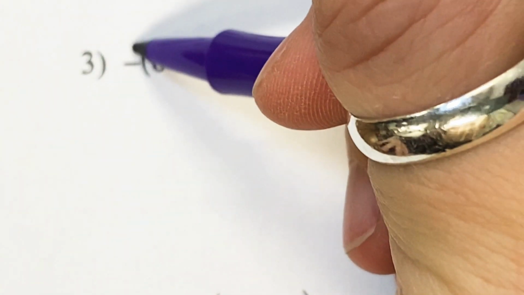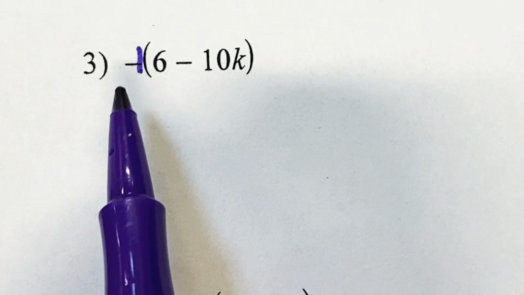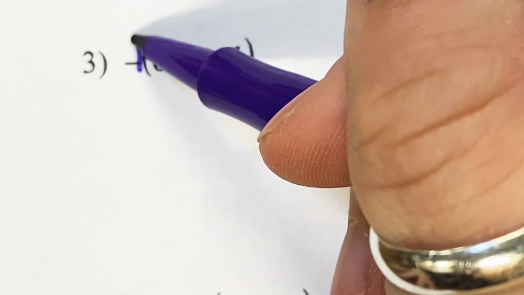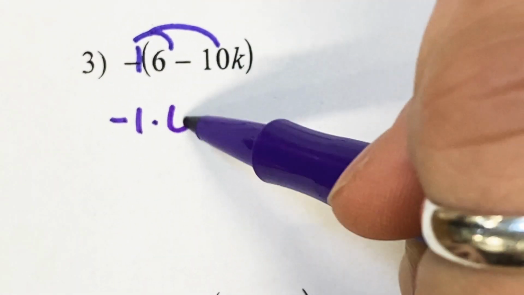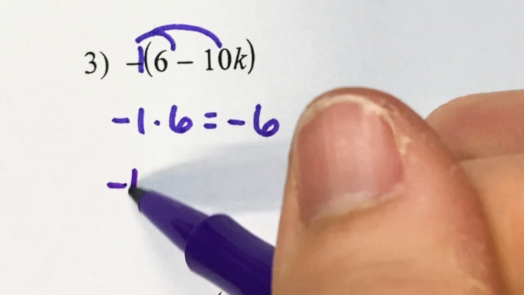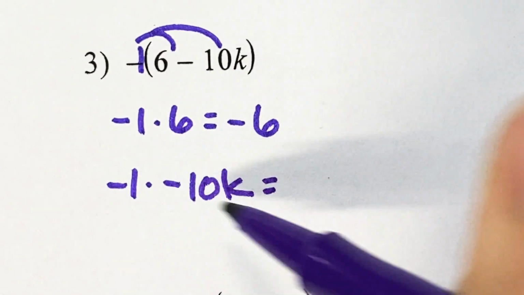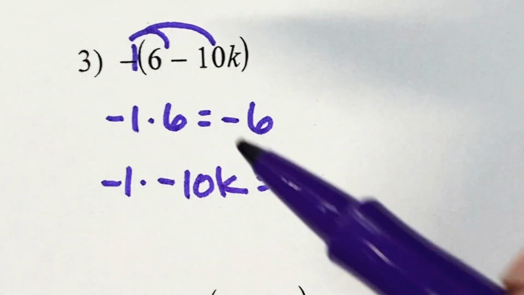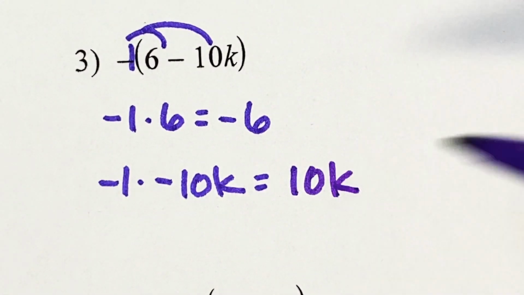It's negative 1. That 1 is always invisible, so in this case it's negative 1. So negative 1 needs to distribute to that 6 and that negative 10k. So we have negative 1 times 6, and that's going to give me negative 6. Then I have negative 1 times a negative 10k. A negative times a negative is going to give me a positive, and then 10k times 1 is just 10k.